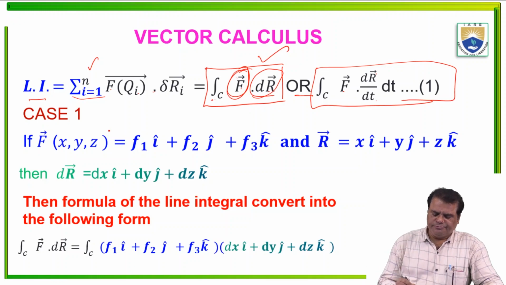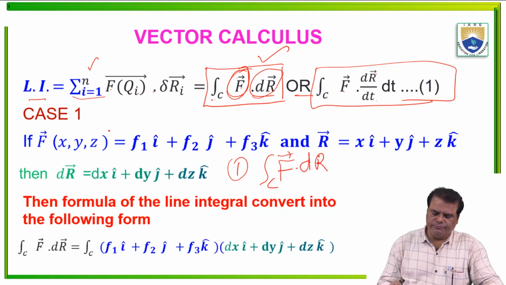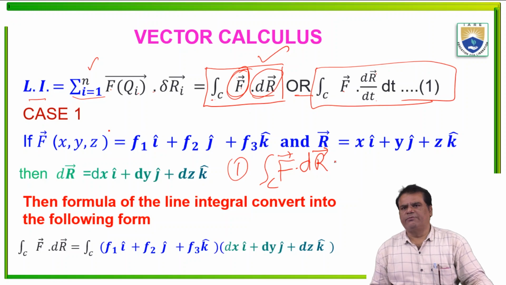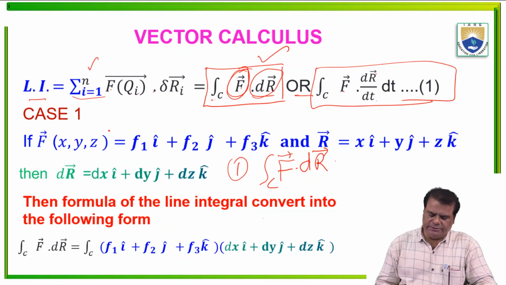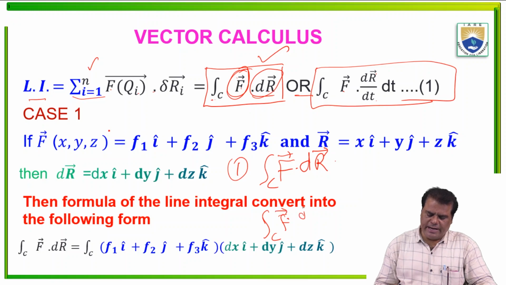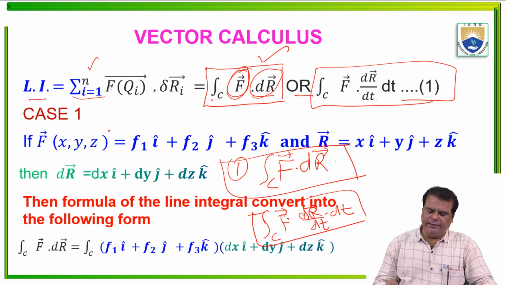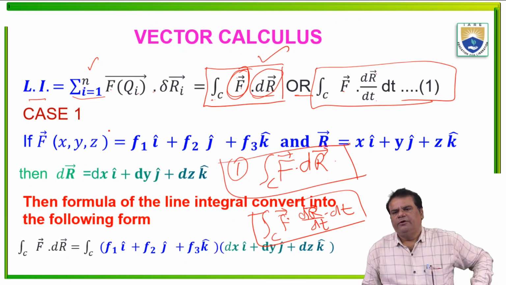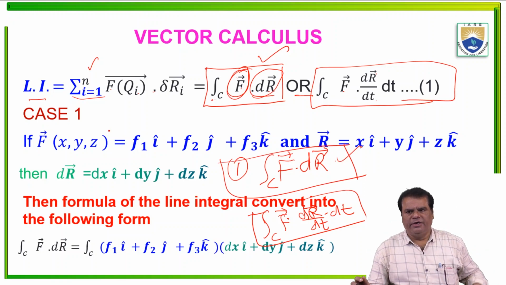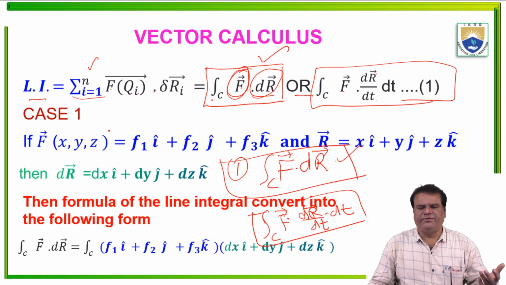So basically we are using two formulas here. Formula 1: integration over C of f vector dot dr vector. The next formula is integration over C of f vector dot dr over dt into dt. These two formulas we apply in our questions. The first formula is used if x, y, z are not functions of t.